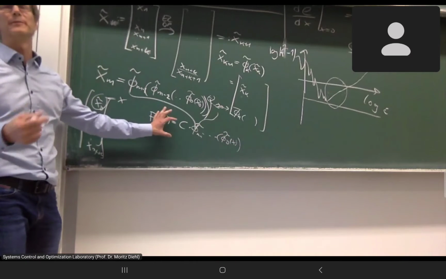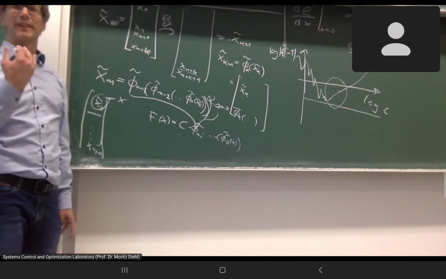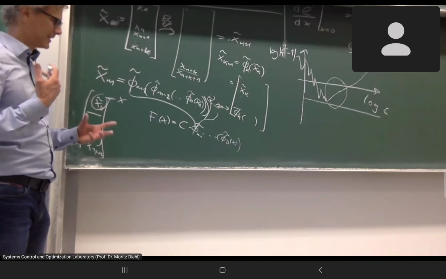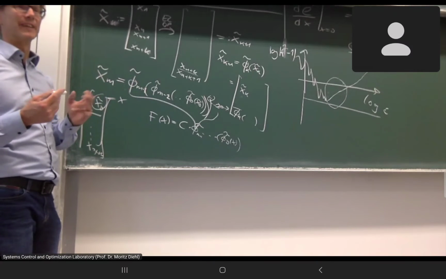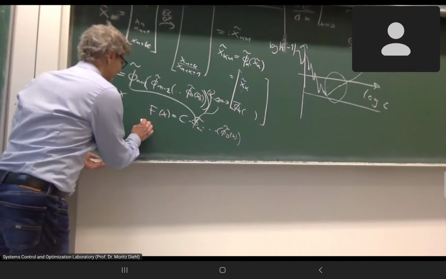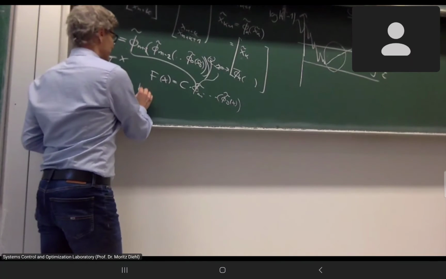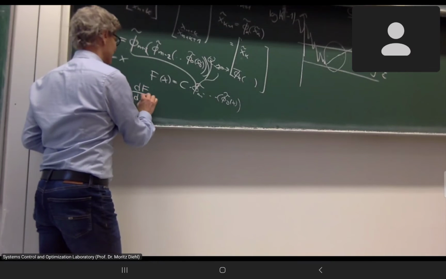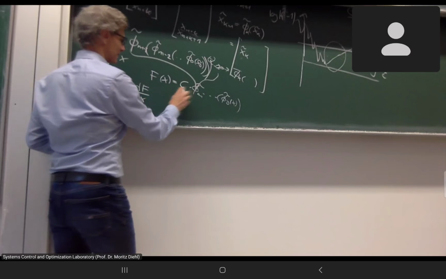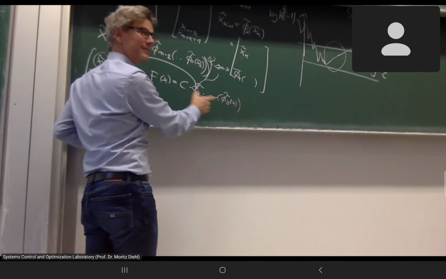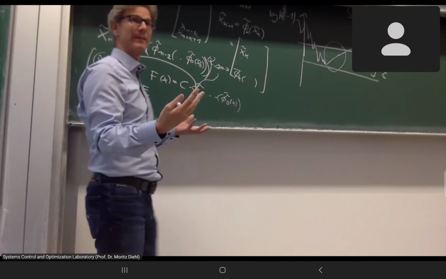Now I have a very funny way to represent my function, but it allows me to write down the derivative. So I have df by dx, what is it? All the Jacobians of all these things multiplied with each other. That's what the chain rule is.